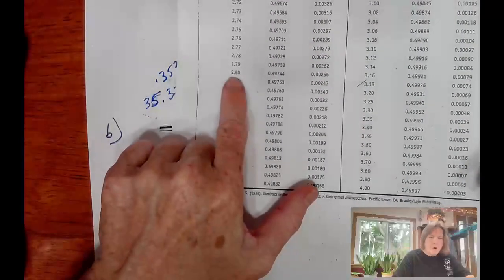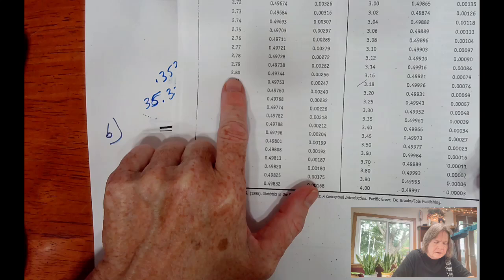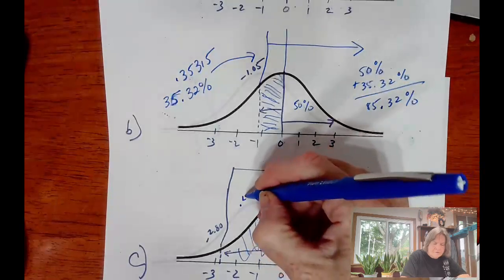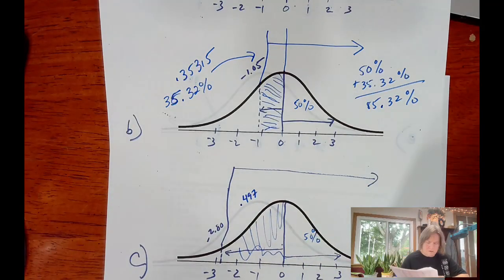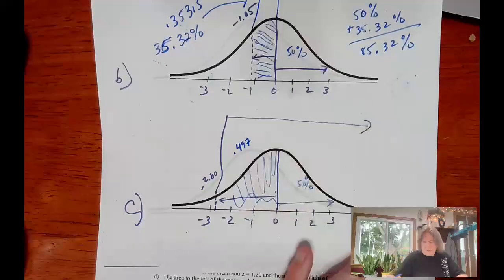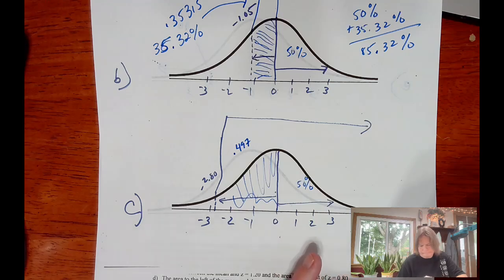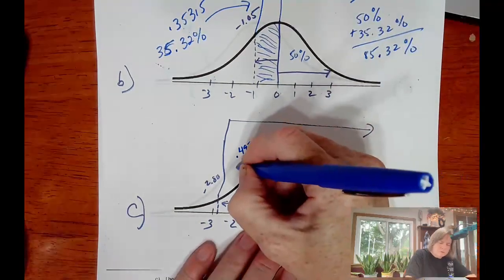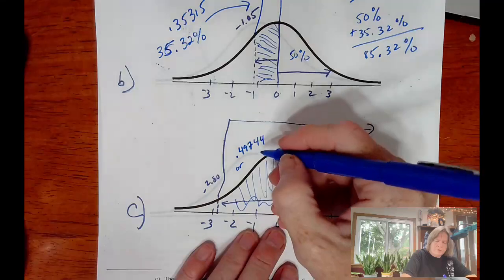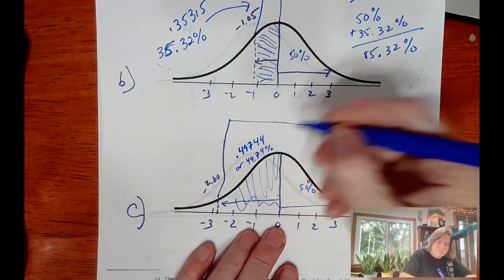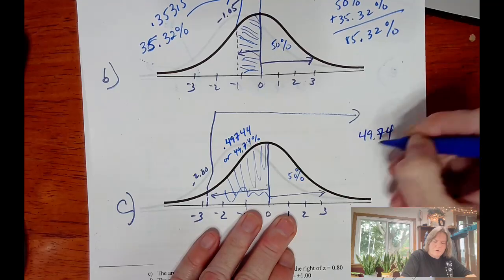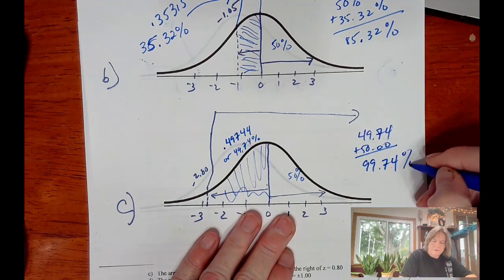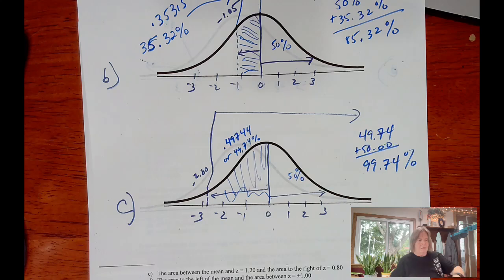At 2.80, the area between the mean and z is 0.49744, which is 49.74%. 49.74% plus 50% gives you 99.74%. That's C.